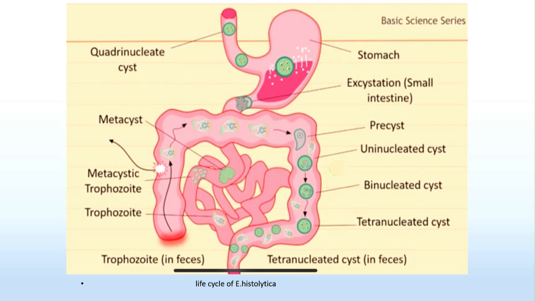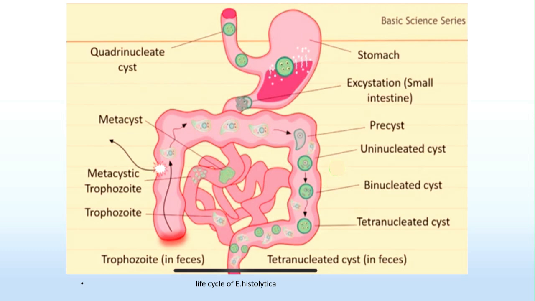The cyst, because it has a thick wall, can resist the gastric acid. So when they reach the small intestine, they start to release trypsin enzymes that digest the wall of the cyst, and the metacystic amoeba escapes from the cyst.